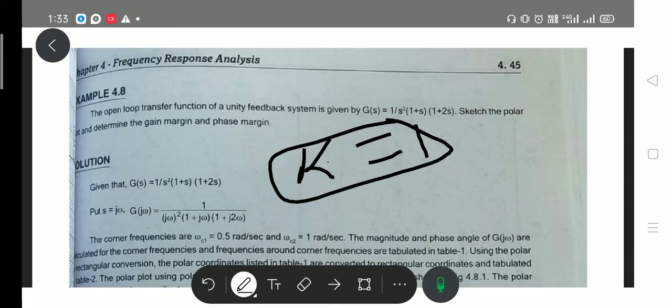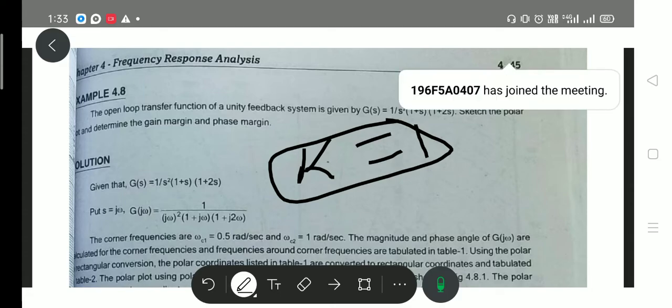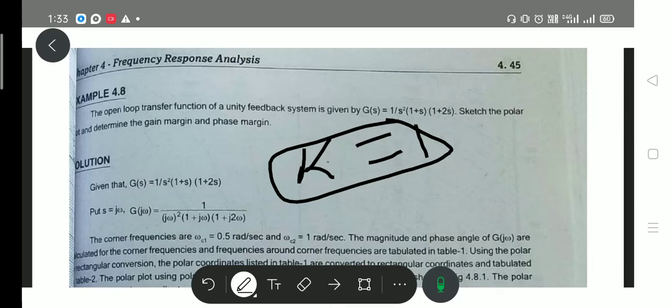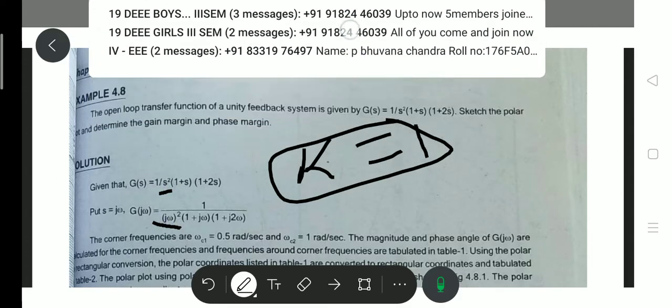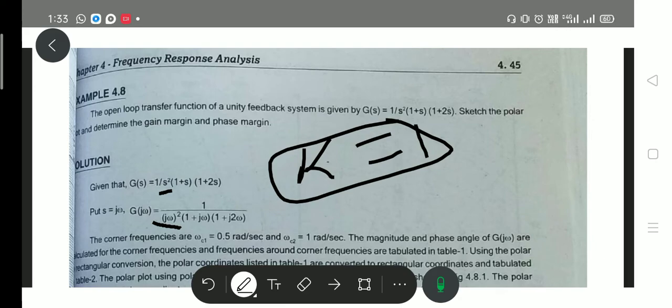We only substitute j omega in place of s: j omega whole square into (1 + j omega) into (1 + j 2 omega).